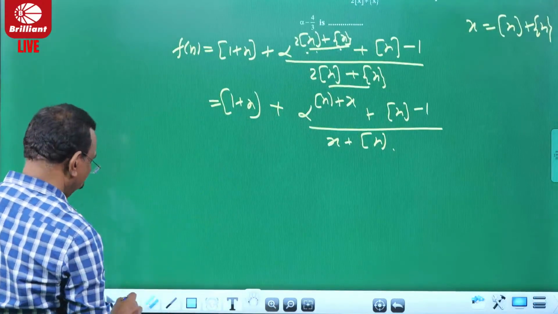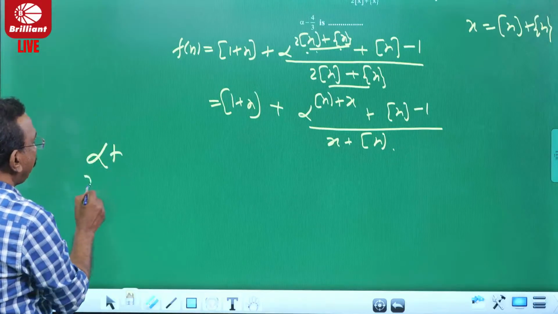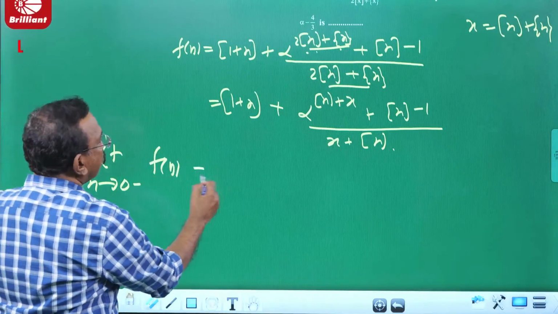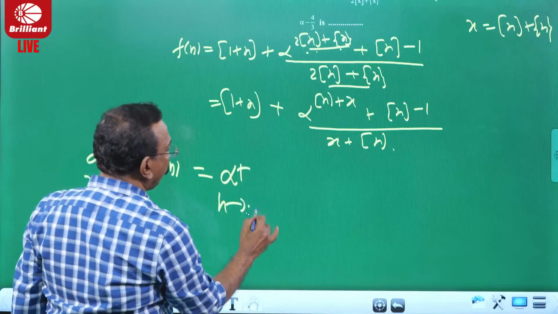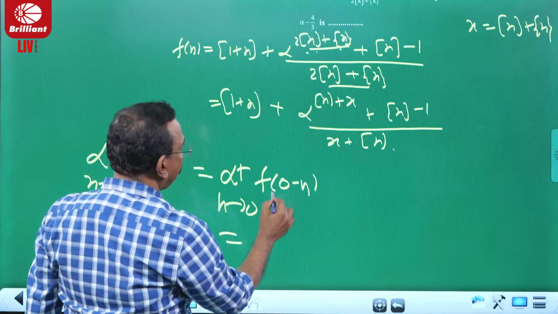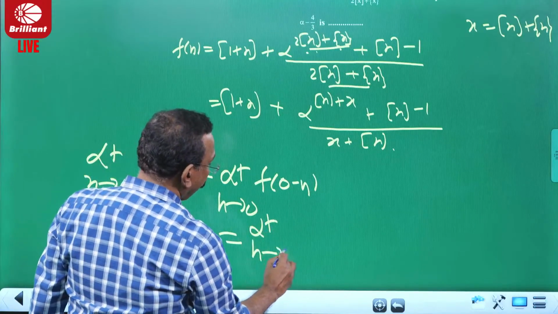The left side limit is the limit as x tends to 0 minus of f of x. That is the limit as h tends to 0 of f of 0 minus h. So we replace it with the limit as h tends to 0 of f of 0 minus h.